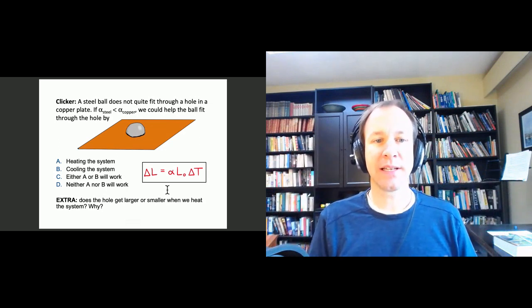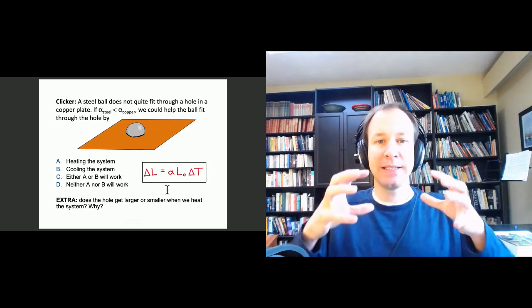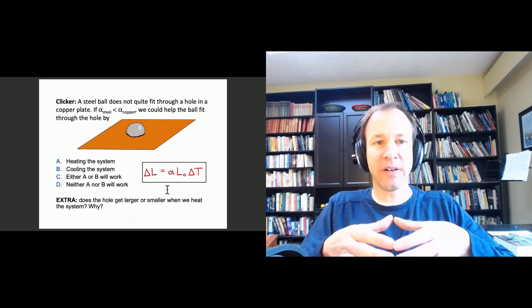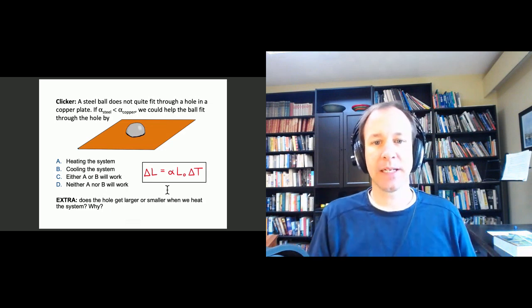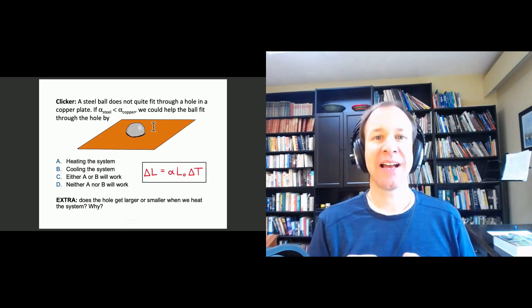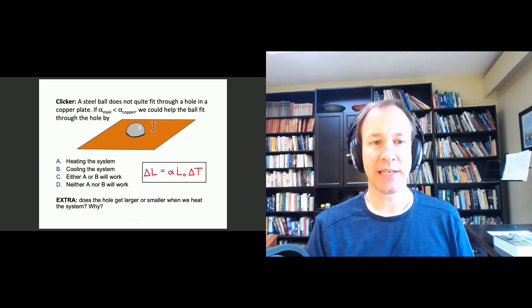So in this question that I'm going to have you think about, you have a steel ball and it's slightly larger in diameter than the diameter of a hole in a copper plate. This is maybe not obvious why we would care about this, but in the next question, I have an application where you'll see that this is something like a real world situation in a car engine. Okay, but for now, the point is that we have this ball, we have this hole, and the ball doesn't quite fit into the hole.